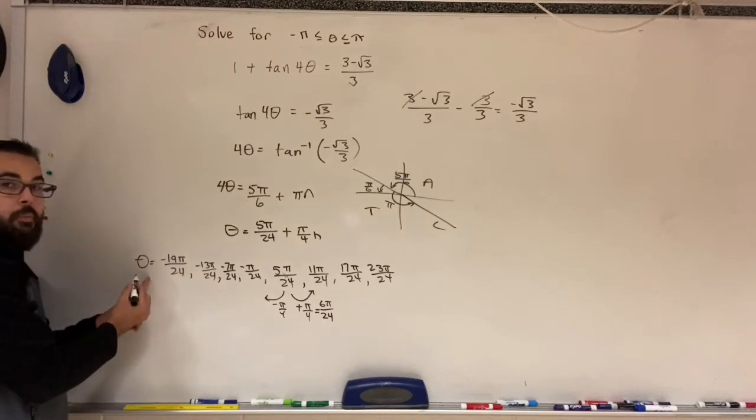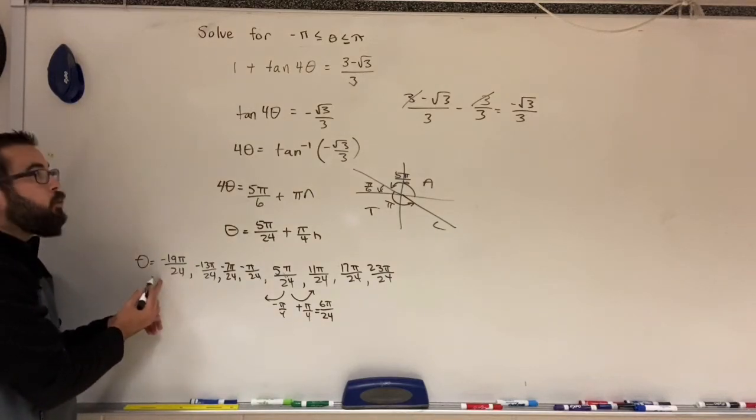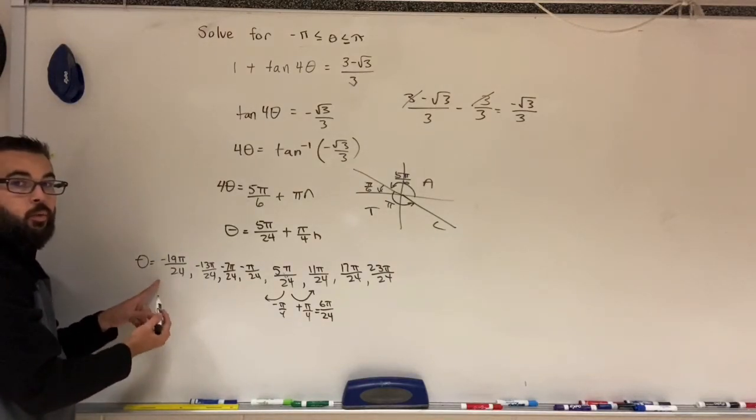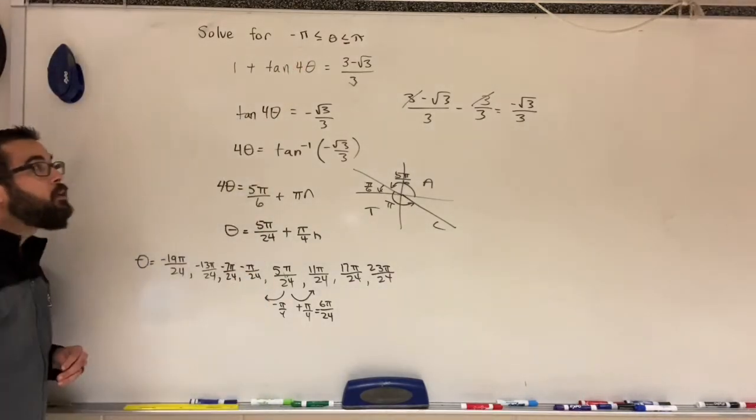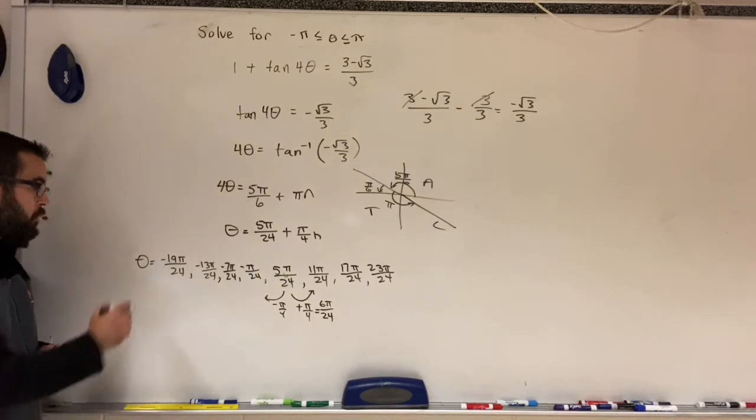The next one would be negative 25 pi over 24, which is past negative pi. So here are my solutions.